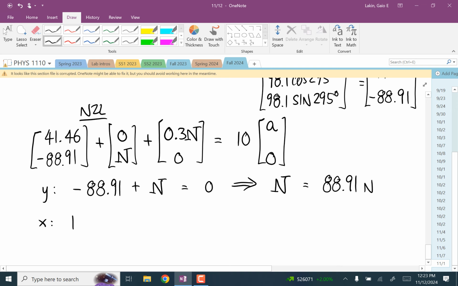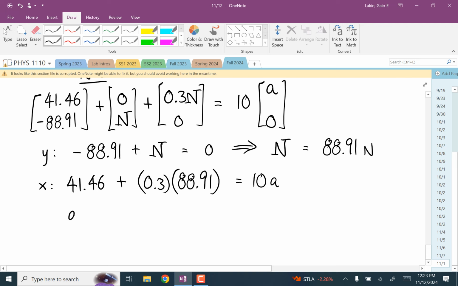So the x equation says 41.46 plus 0.3 times this N that we just calculated is equal to 10a.